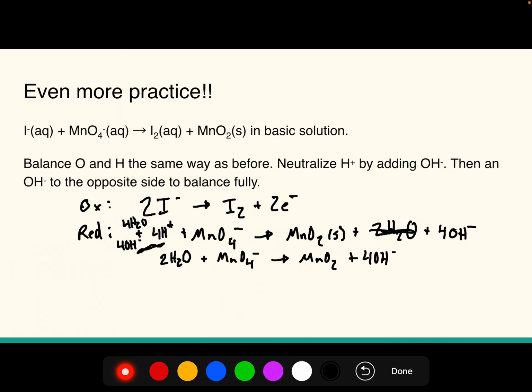And now you have to balance the charge. I've got 4 minuses on the right, 1 on the left, so that means I need 3 more here.